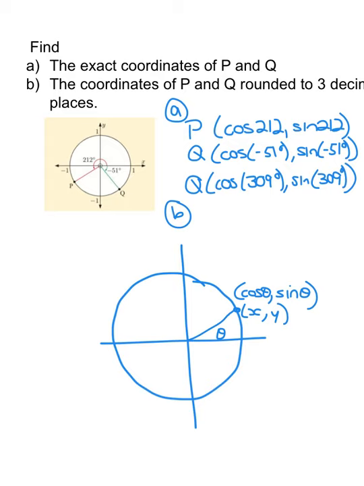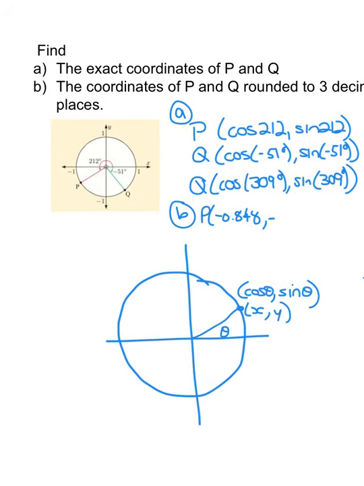And when I get cos in my calculator, I get P is negative 0.848 for cos, and for sine I get, if I just quickly chuck it in, making sure of course that I've got my calculator set to degrees, I get negative 0.5299, which I'm going to round up to 530.